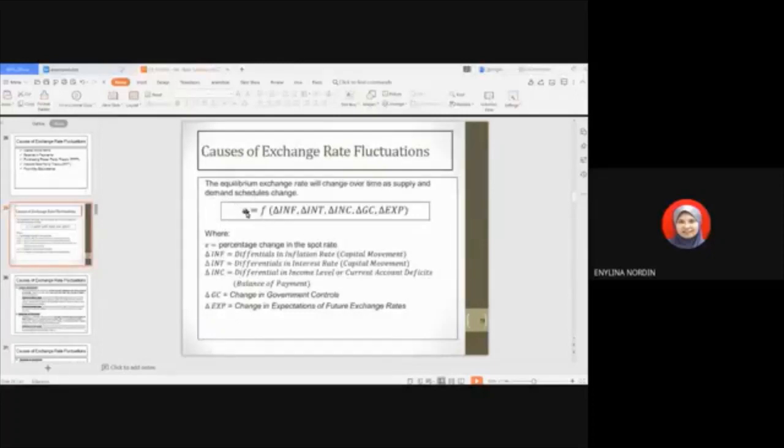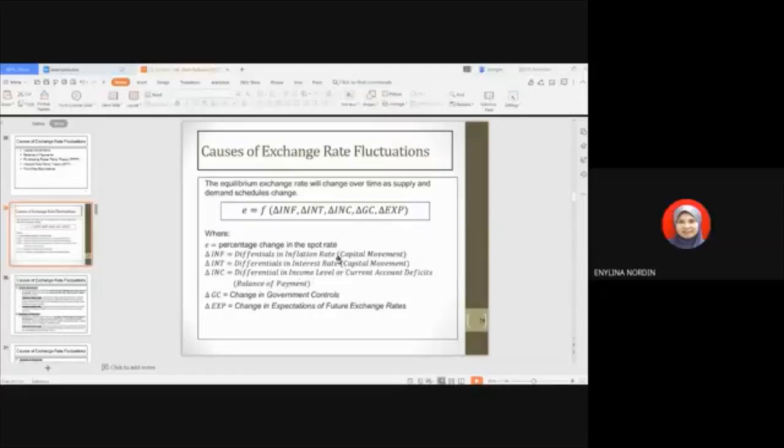The exchange rate is influenced by these changes: differential inflation rate, interest rate, and the balance of payment, that is the current account balance, deficits or surplus, and then government policy or government control, and then the expectations of the future exchange rate. So these are the factors.